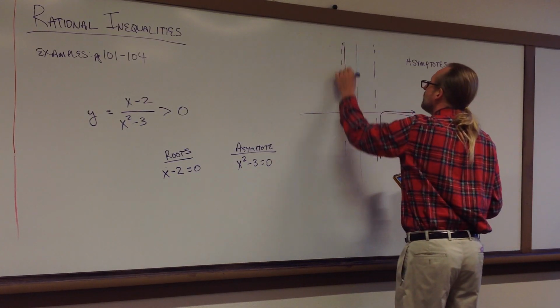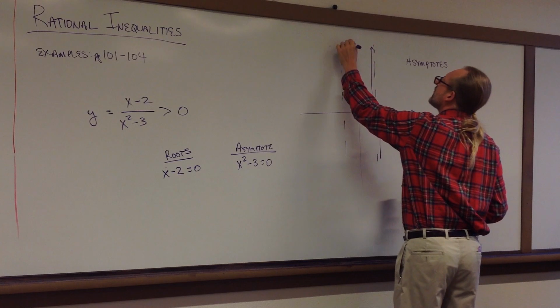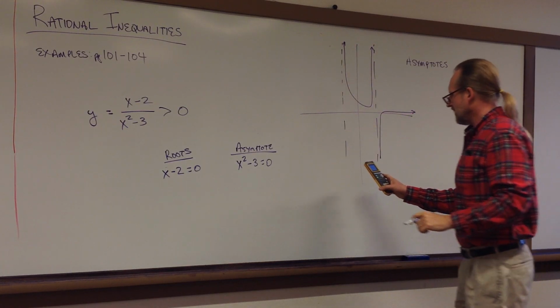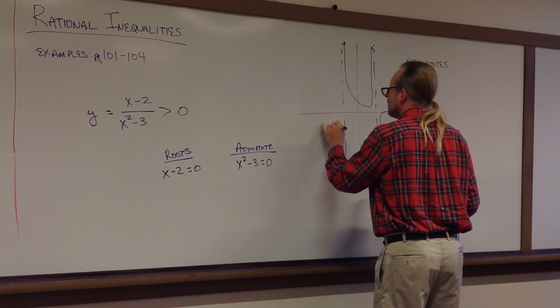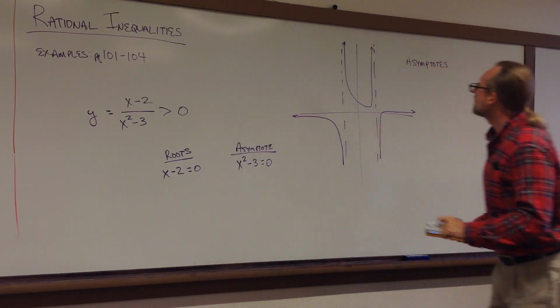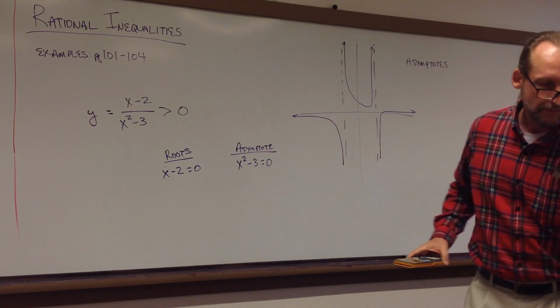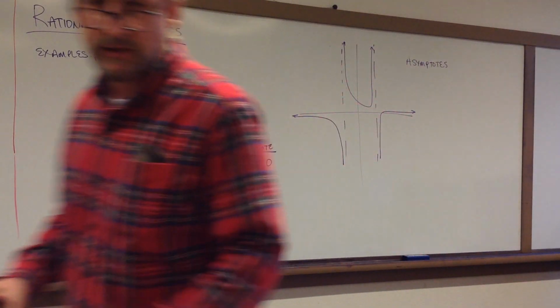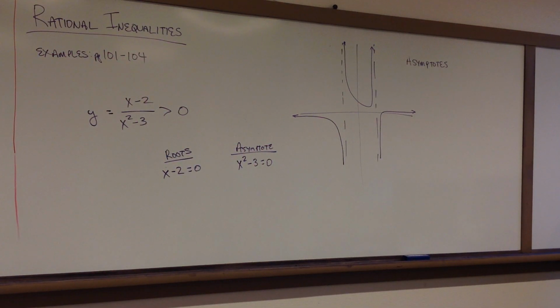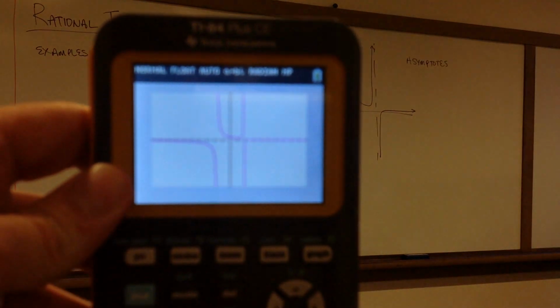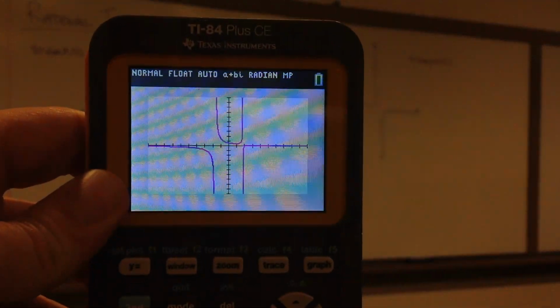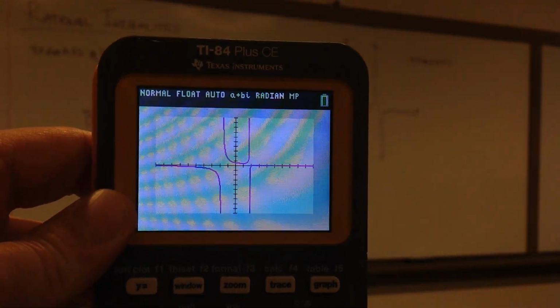And then in between the 2 asymptotes, we've got something that looks like that. And then over on the other side, we've got something that looks like that. So here, let me show you what that looks like on the calculator. And so that's what we're looking at there, okay?